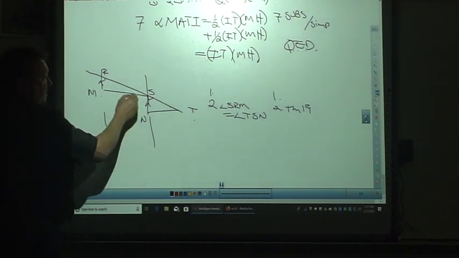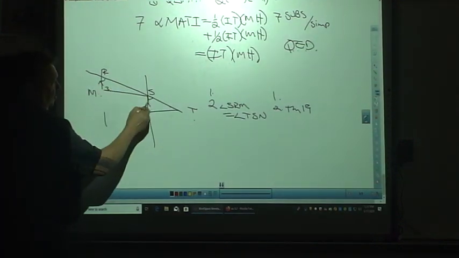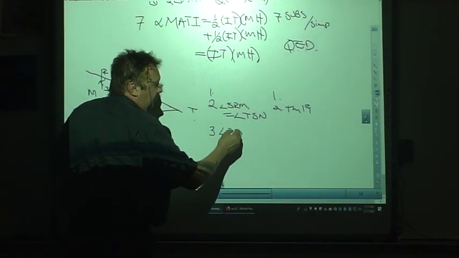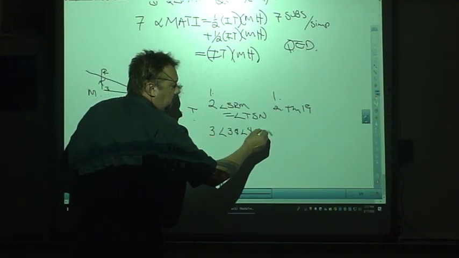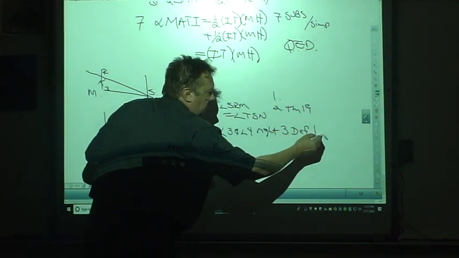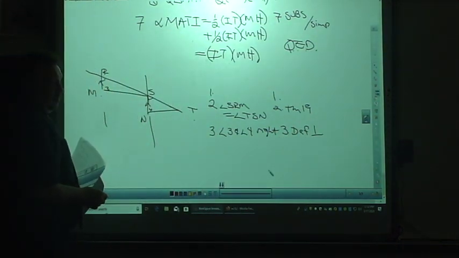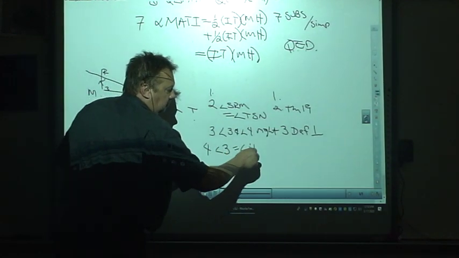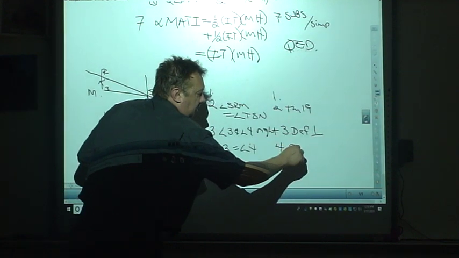We've got these are perpendicular. I will go ahead and label those 3 and 4. Angle 3 and angle 4 are right. Definition of perpendicular, which means 3 and 4 are equal. Corollary definition of right.